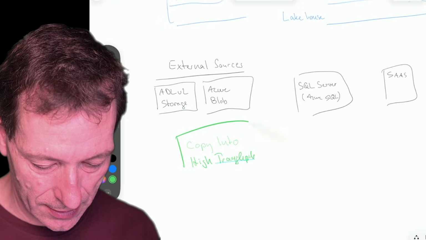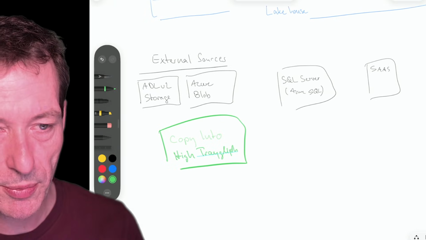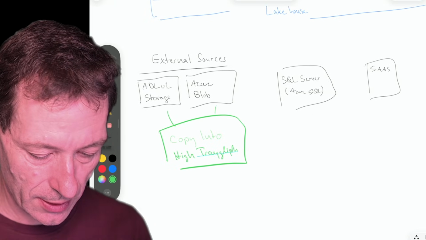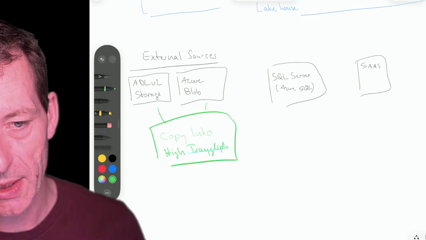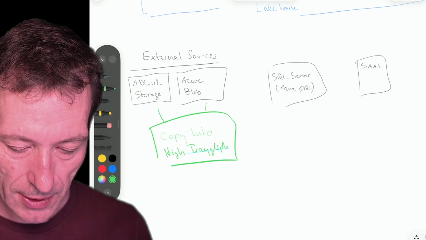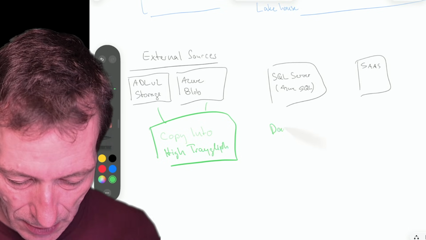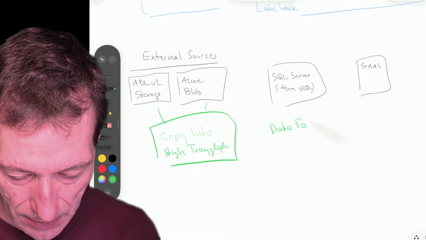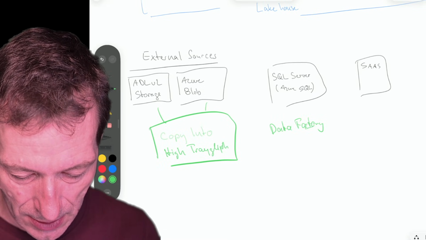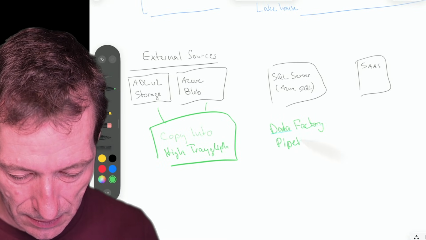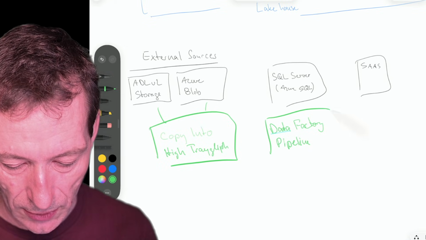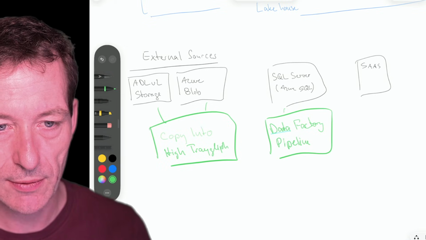It's very fast, and it's a very preferred way for getting data from Azure Blob Storage or any other blob storage. For SQL Server, you have different ways. You could use a data factory pipeline, which gives you a lot of flexibility because you can design every step.